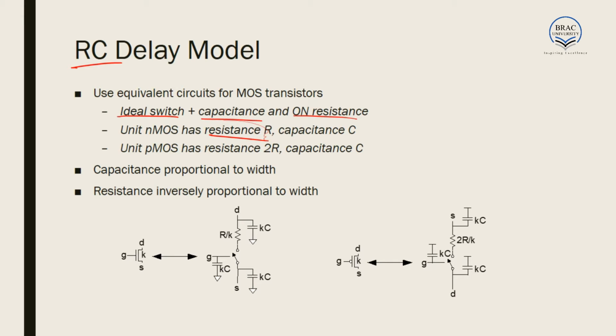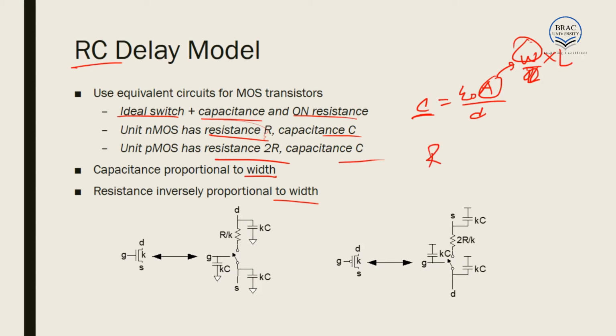The on resistance for NMOS is considered R, and for PMOS twice R, and the capacitance in both cases is C. The capacitance is proportional to width, and the resistance is inversely proportional to width, as we already know that C is equal to epsilon A by D. Here A will be W into L, so capacitance will be proportional to width. And R is equal to rho L by A, and again A is W into L, so resistance is inversely proportional to width.